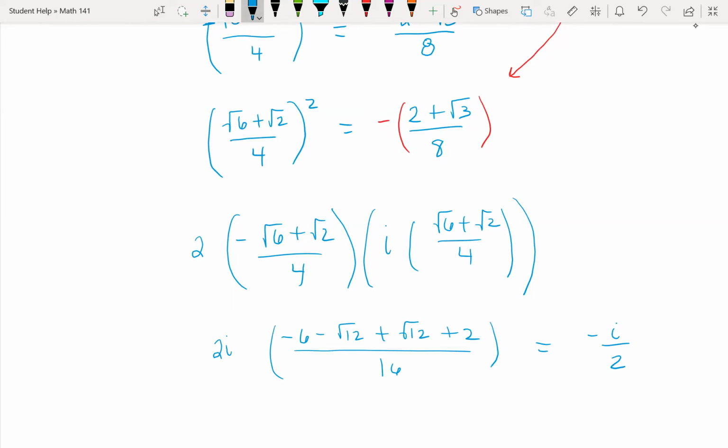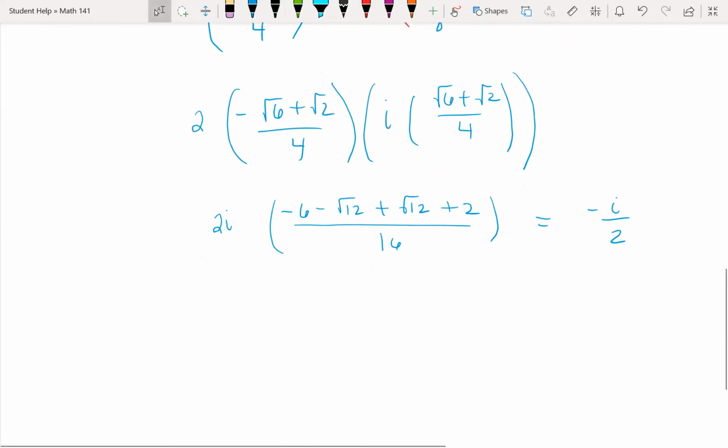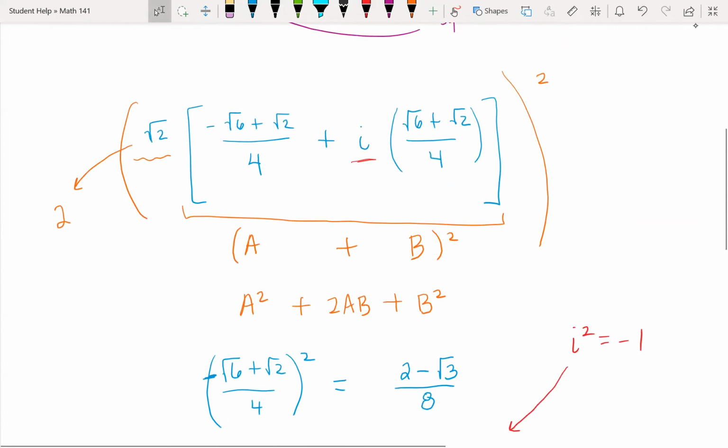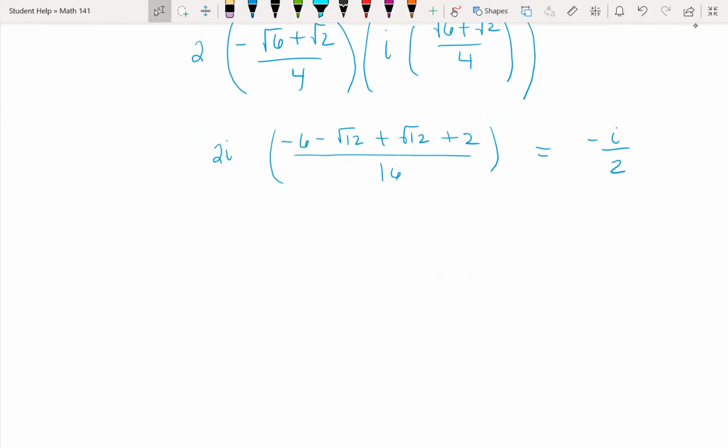So when we put all of these three components together, we have a 2 from way back up here in the orange, right? We had a 2 out in the front and we squared that square root. So we have 2 minus the square root of 3 over 8 minus i over 2 plus 2, actually, this is a -2 minus the square root of 3 over 8.